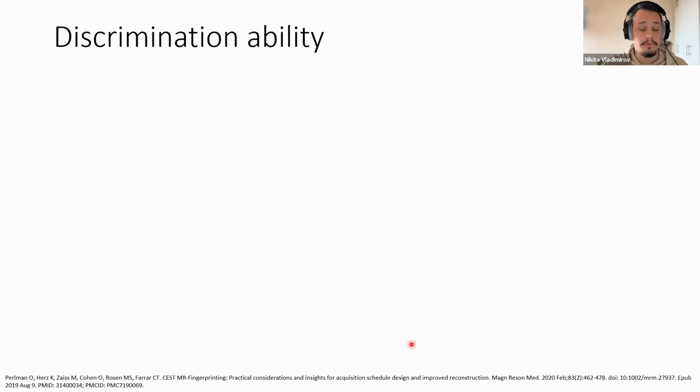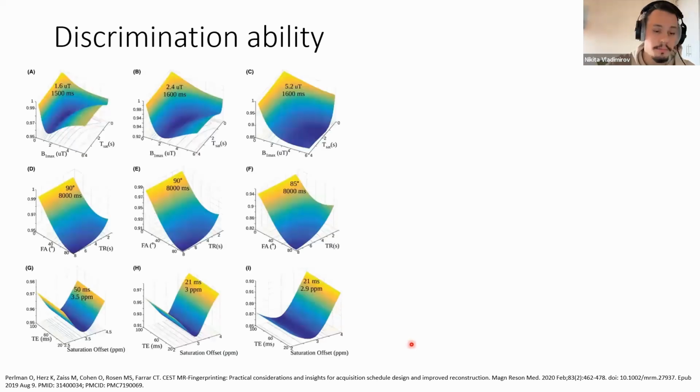And here are some results of the first work on this topic. Here is an example of how different parameters like B1 or T saturation affect these discrimination ability metrics. And you can see that there is no one solution. This is just a vast space for optimization. It is impossible to find the optimum manually.